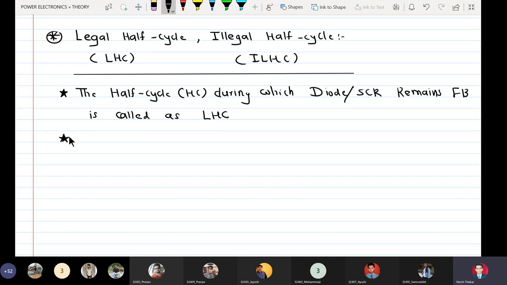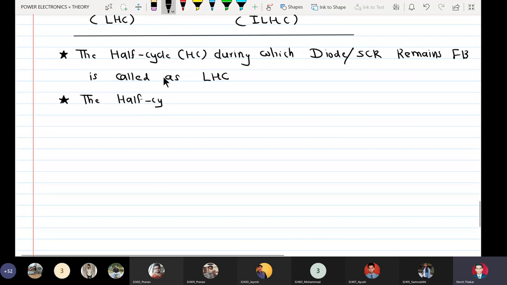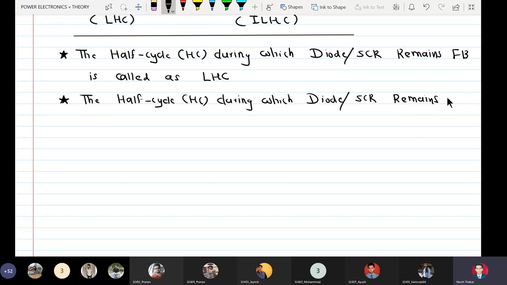Conversely, we can tell the half cycle, HC, during which diode or SCR remains reverse biased, is called illegal half cycle or ILHC.